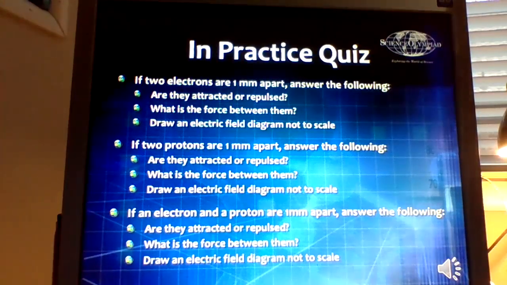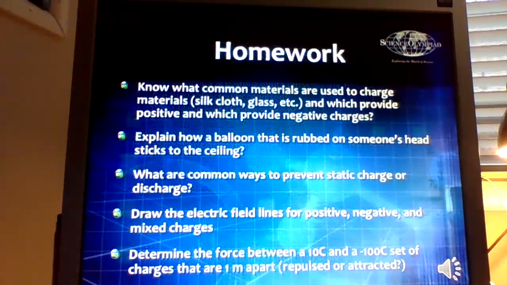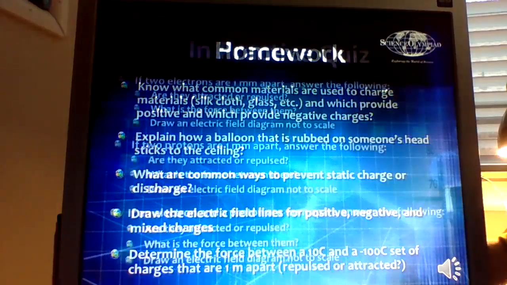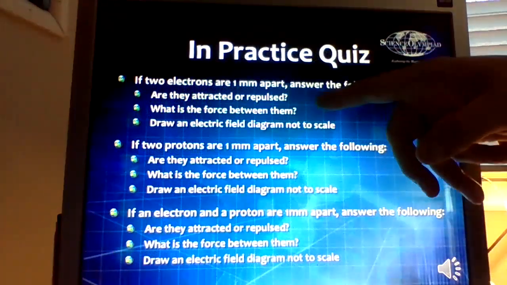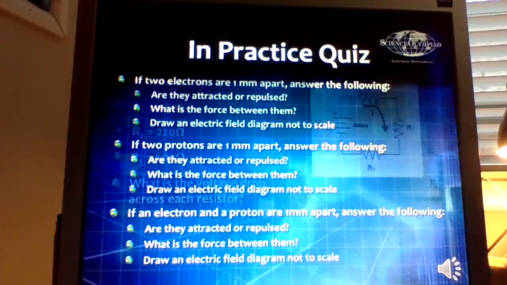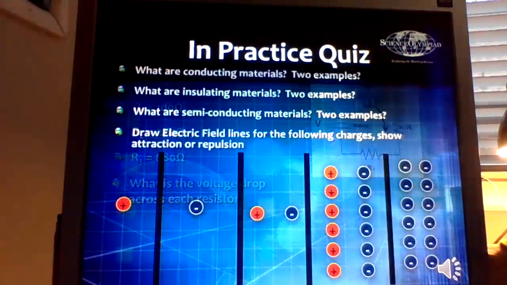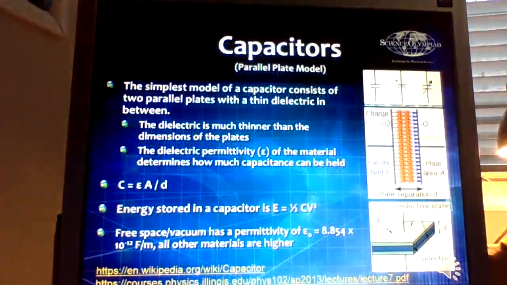It's actually going to be a very small amount of repulsion. Let's go back to the formula that we want to use. It's going to be Coulomb's law.